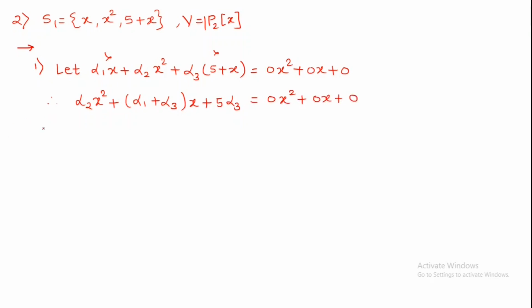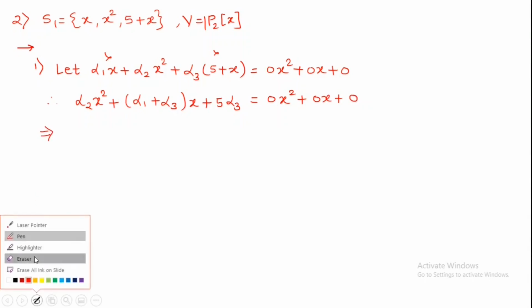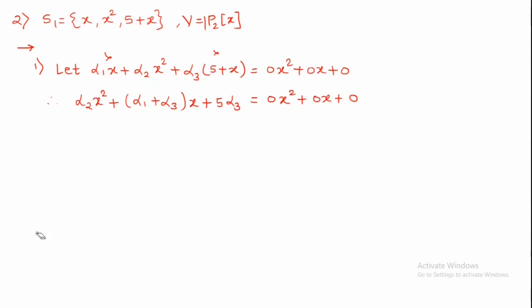After comparing, alpha 2 is directly 0 because the coefficient of x square is alpha 2 here and 0 on the other side.